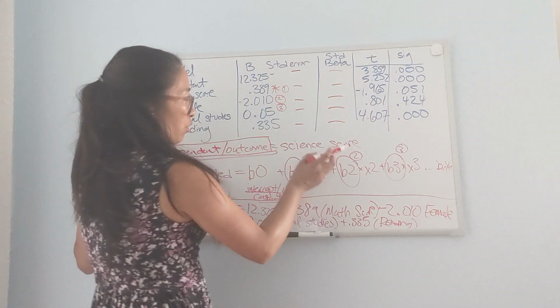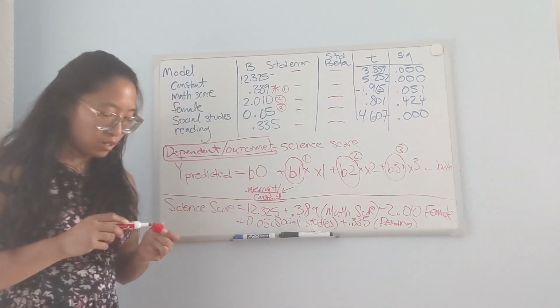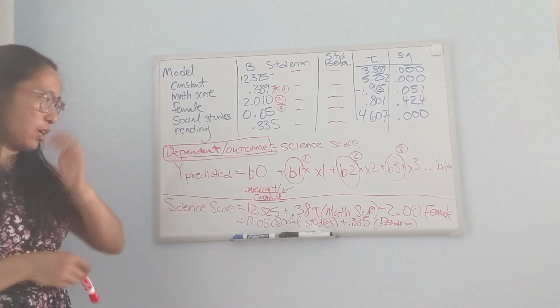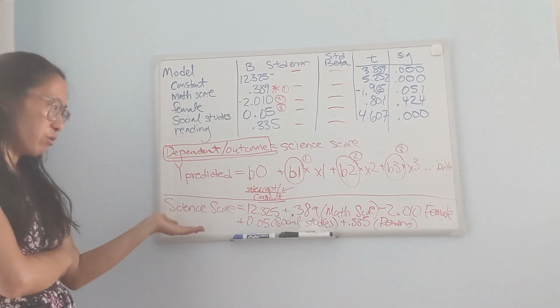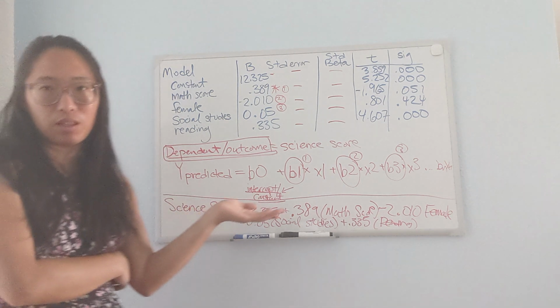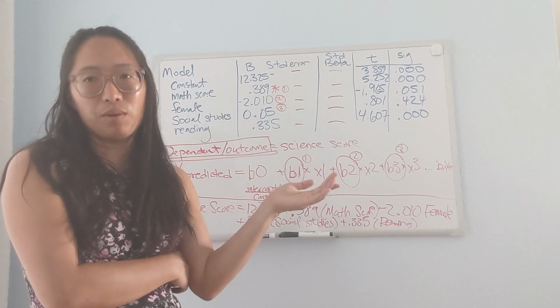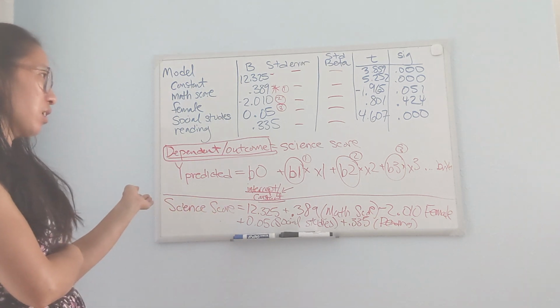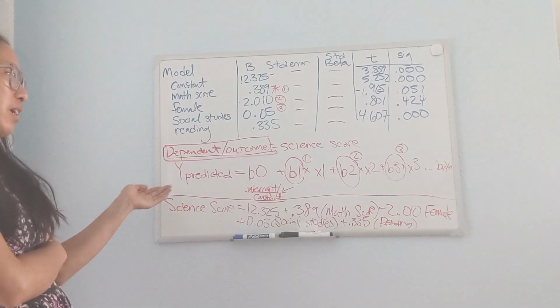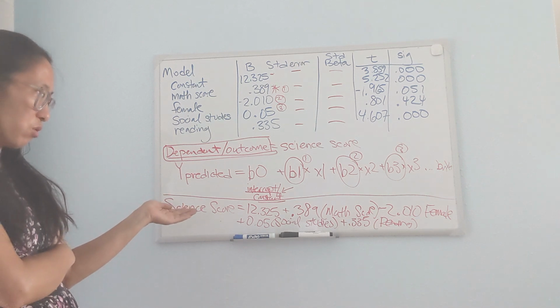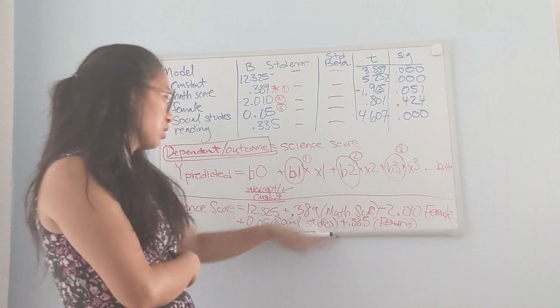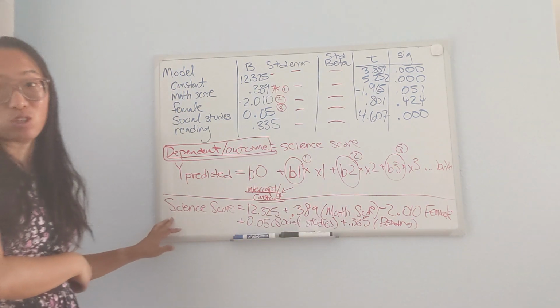So this is the fourth coefficient. Once you have the equation, how researchers use it, once they generate that equation for regression, is they get another individual's scores, or variables, to be able to predict what their science score would be.